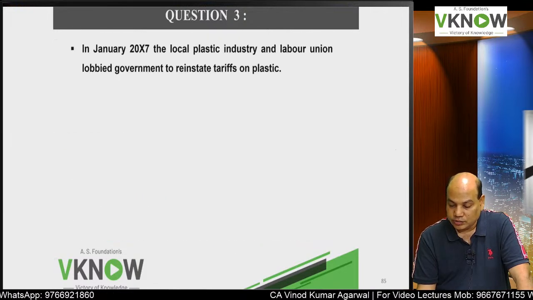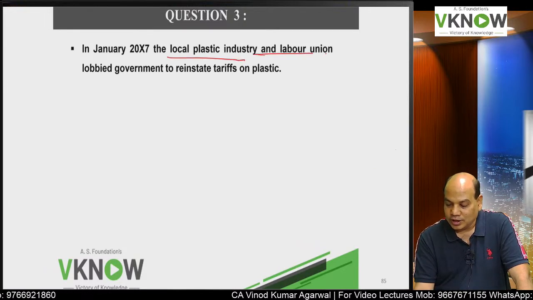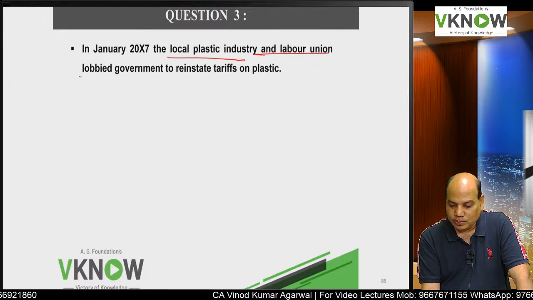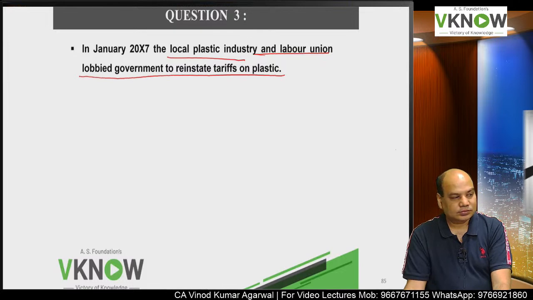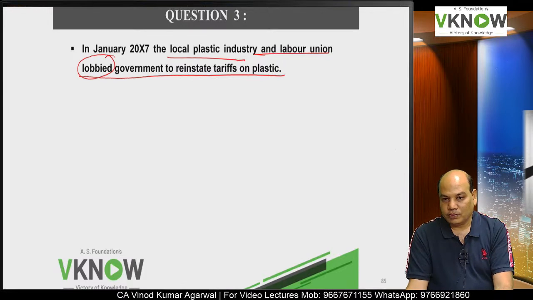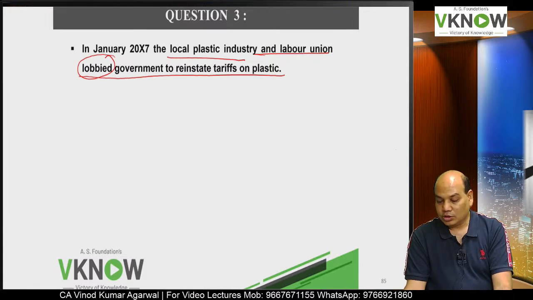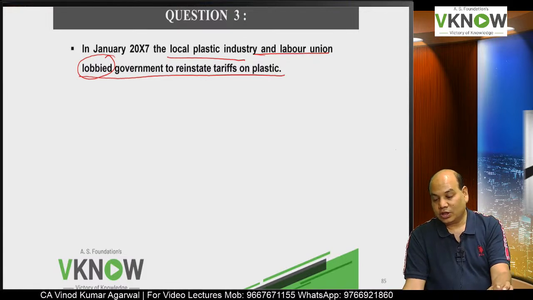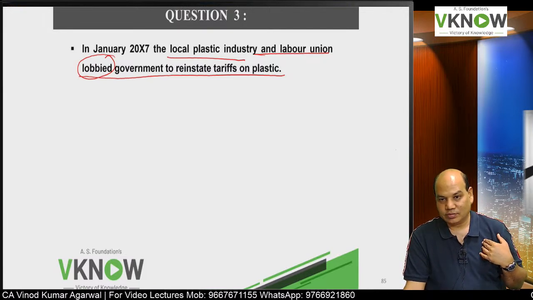In January 2007, the local plastic industry and labor union lobbied the government to reinstate tariff on plastic. Lobbying. Have you heard of lobbying? Powerful people go to the government and pressurize the government that you have to bring the tariff back, otherwise we will not be able to survive.